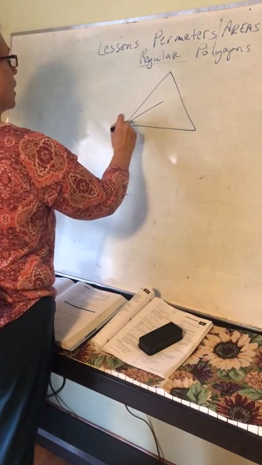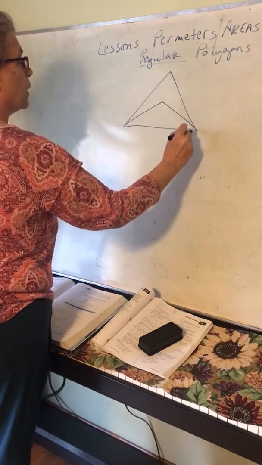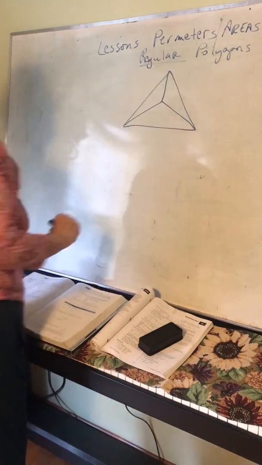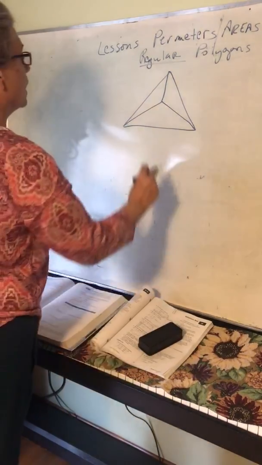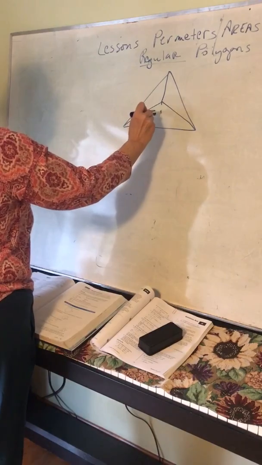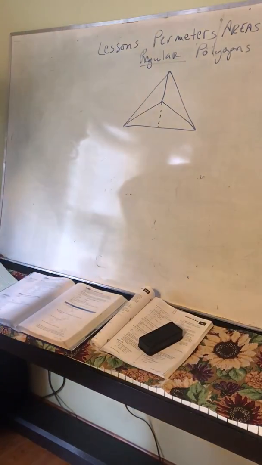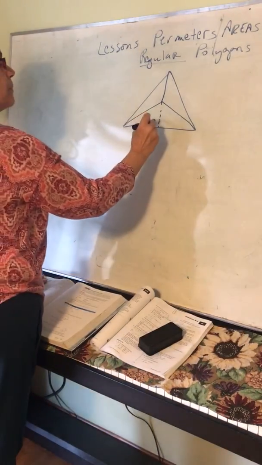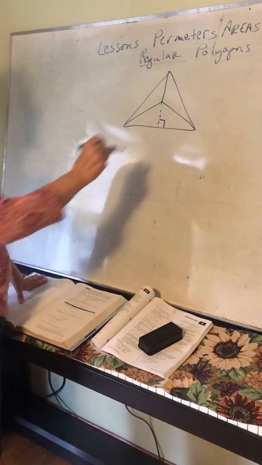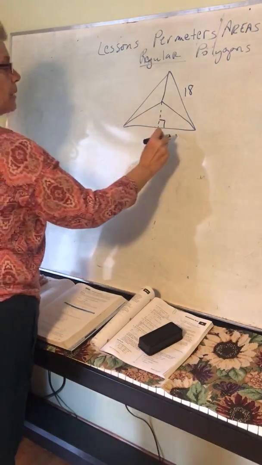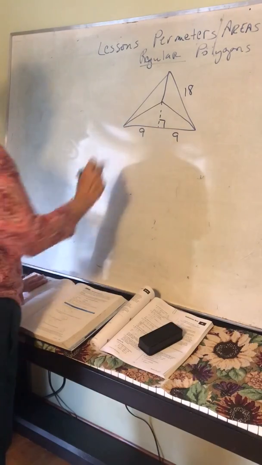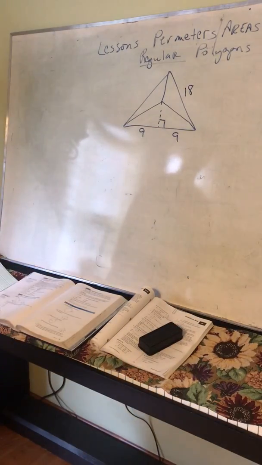We start at the center and break it into triangles. Here we go again. We have to look for the apothem, the straight up and down height here. So let's say this triangle is 18 inches on the whole side. That means this one's going to be 9 and 9, right?